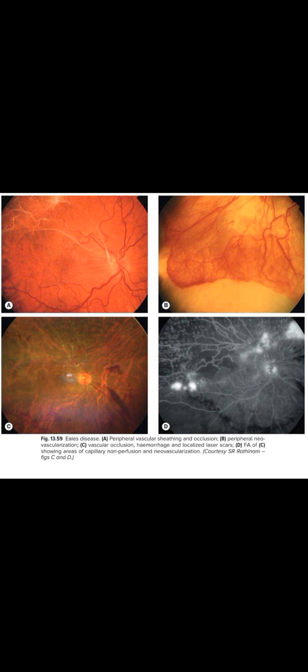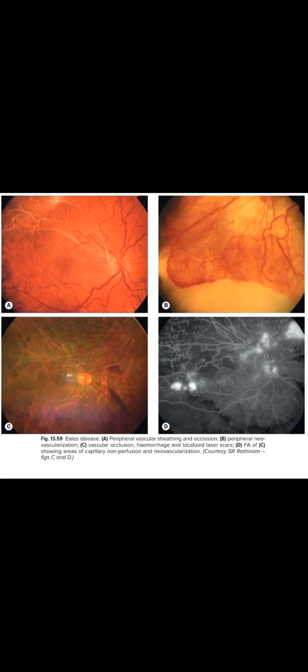You can see this in picture B. And picture C is depicting vascular occlusion. Some hemorrhages are shown and localized laser scars are present in the upper segment. So we can remember the mnemonic ION: inflammatory, occlusive and neovascular stage.